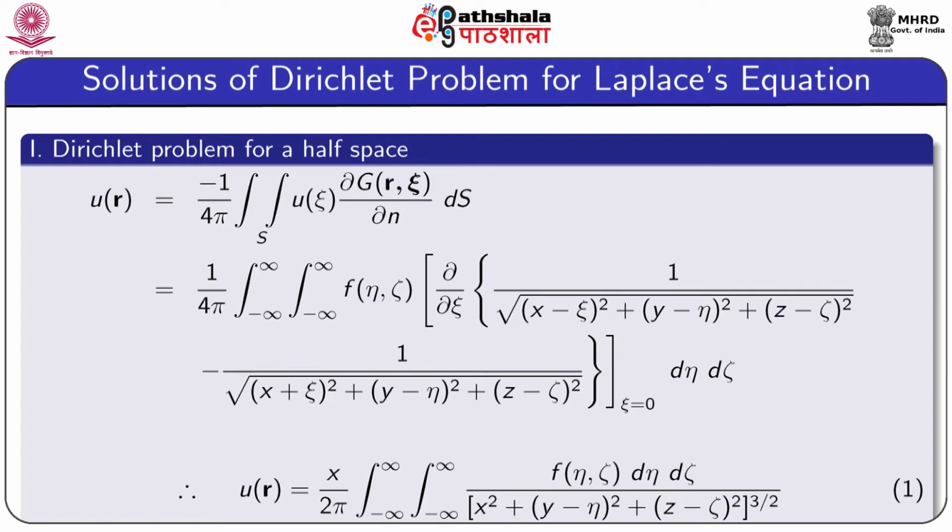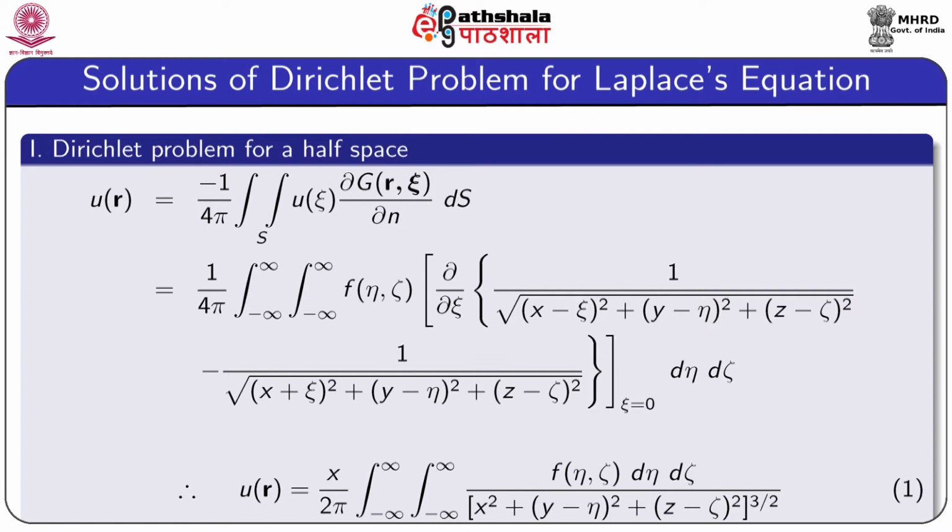Here you have to remember that we have to find the value of del g del n on the surface S. That means in the last line we have to find the derivative with respect to zeta of the expression which is written in curly bracket on the surface x equals 0, meaning it is to be computed at the point xi equals 0.